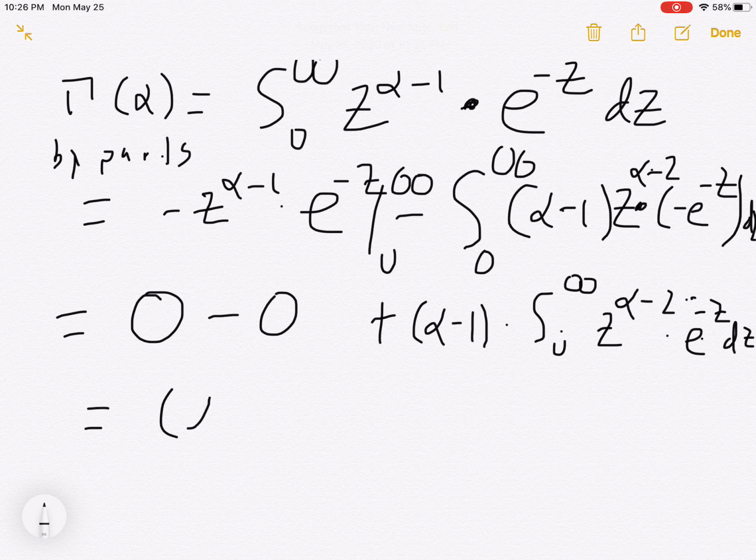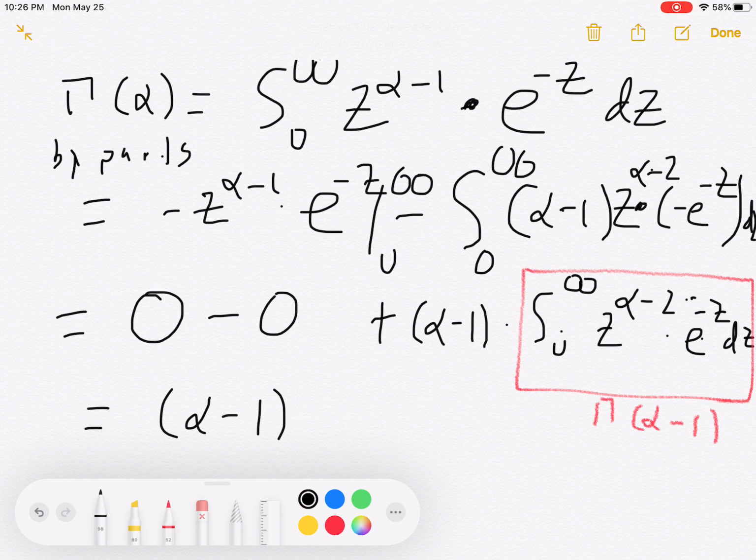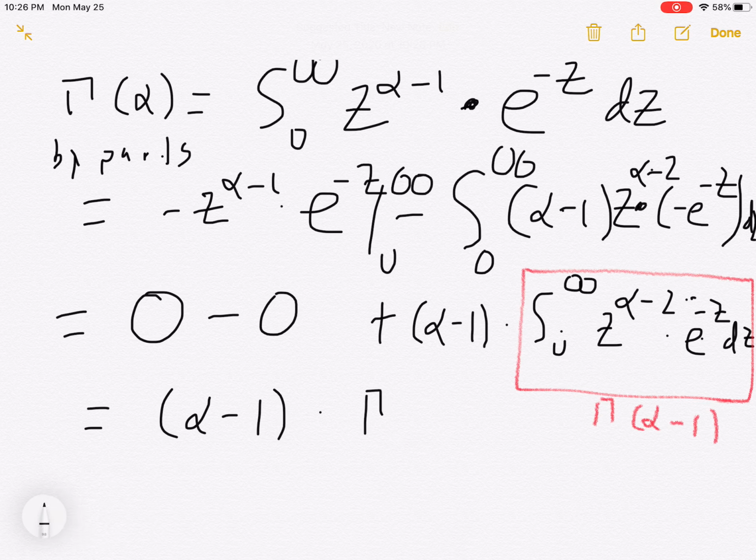And we can recognize this piece right here as gamma of alpha minus 1. So this is going to be alpha minus 1 times gamma of alpha minus 1.